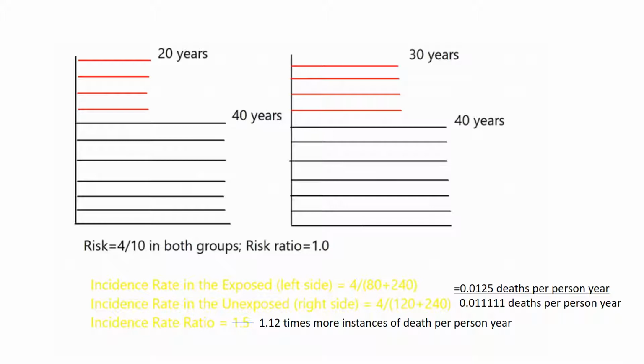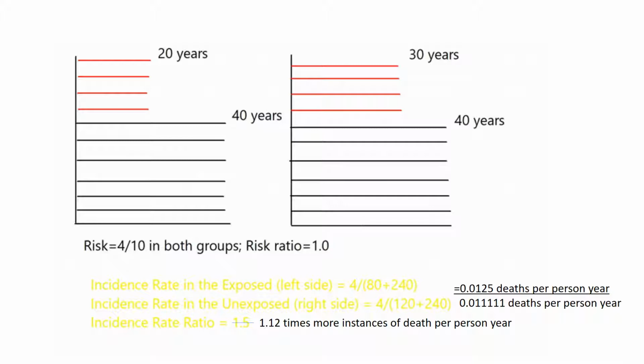The difference between these groups is the person time contributed by the people who did not make it through the total time frame. And so on the left side, they only lived for 20 years each. So 20 times 4 is 80. So the exposed group, their incidence rate is 4 cases over 320 total person years.